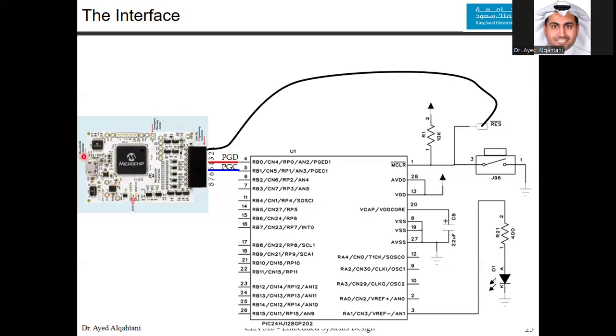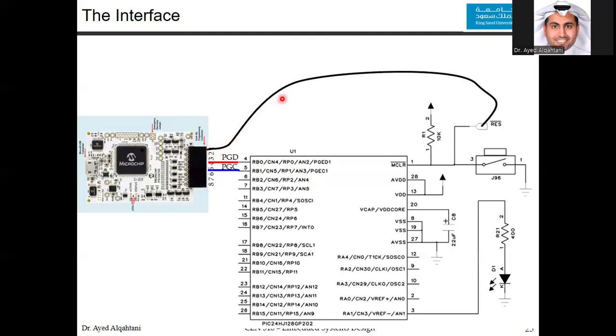You will connect the USB port to your PC or laptop, and then you will connect pin number 4 and pin number 5. As we said, that's the PGD and the PGC, the data and the clock. The PGD will be connected to the data, which is the PGED1 in the PIC24, and the PGC to the PGEC1 of the PIC24 microcontroller.